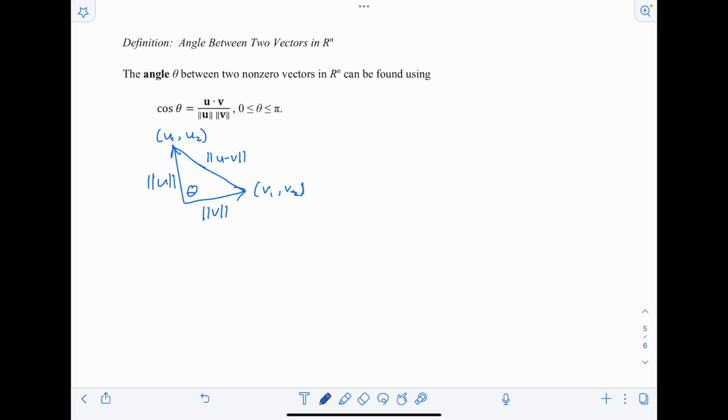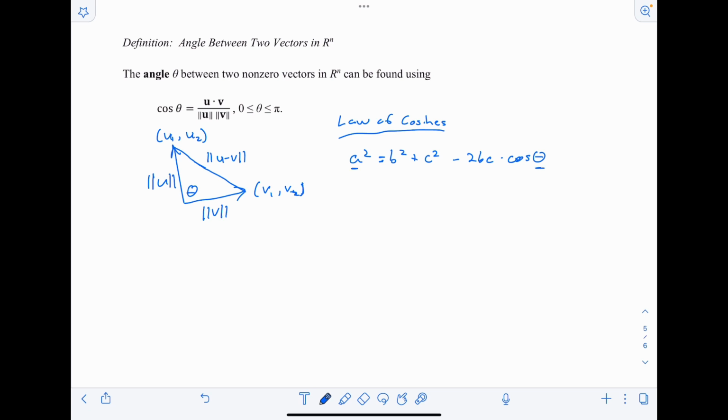Just to remind you, if you've forgotten the law of cosines, it basically says that in a triangle, a squared equals b squared plus c squared minus 2bc times the cosine of theta. a, b, and c are just the three sides of the triangle, and a is always the side opposite the angle.